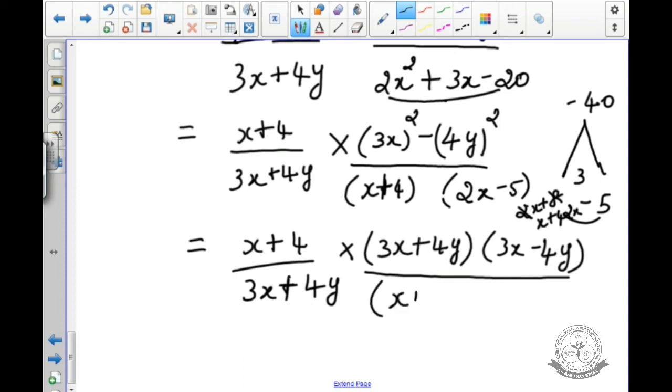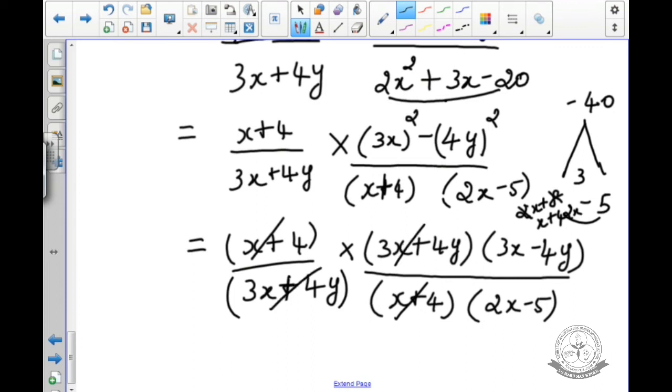So x plus 4, but 2x minus 5 we can't cancel, so 2x minus 5. Now you can see the cancelling terms: first x plus 4, here we have one x plus 4 and here also one x plus 4; 3x plus 4y, here also 3x plus 4y.